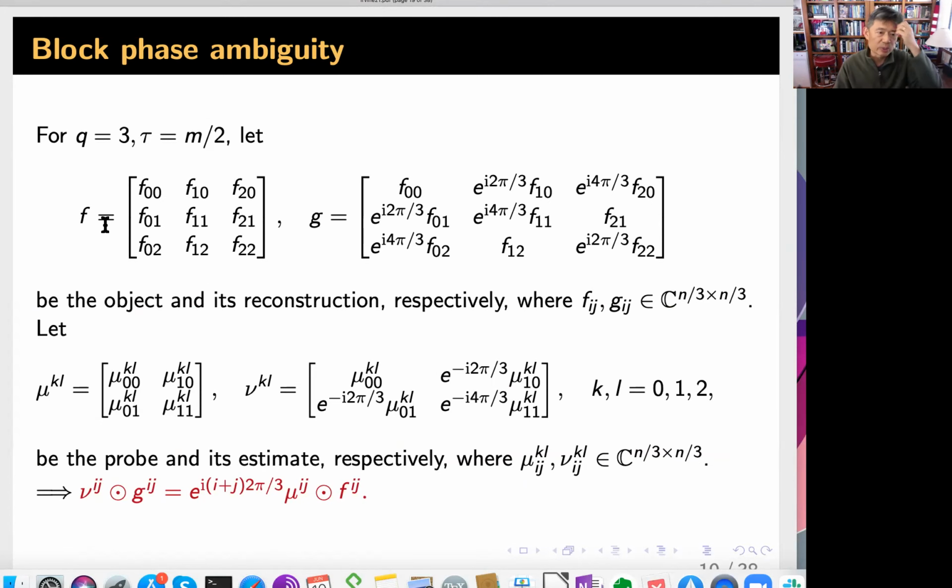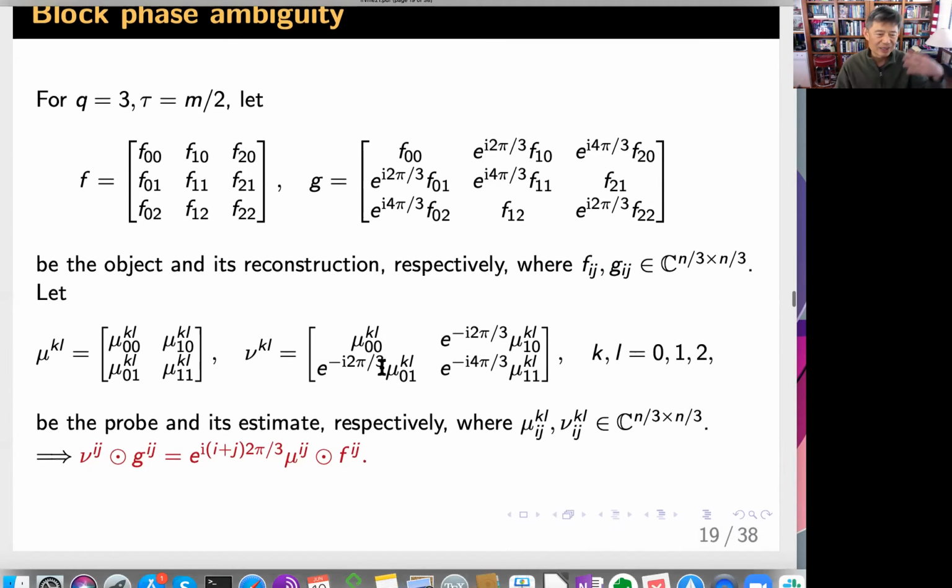So think about the case where you split the F into 9 parts, for example. You can attach a certain phase factor to each different part in a different way. You can see this is a kind of arithmetic progression. And then you can counter, right? So this is your object estimate, and then you have the mask estimate with a counter phase factor, minus here.